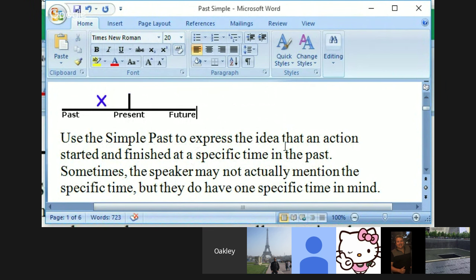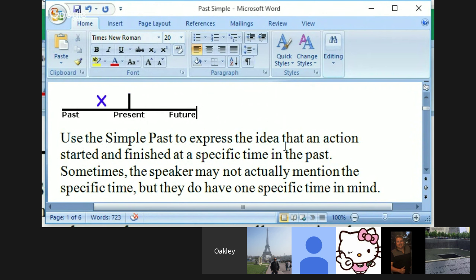It is not continuing. If the action is continuing until now or has a strong influence on now, that's when we're going to use the present perfect tense. So often students get confused: simple past or present perfect. Sometimes, many times you don't have a choice.